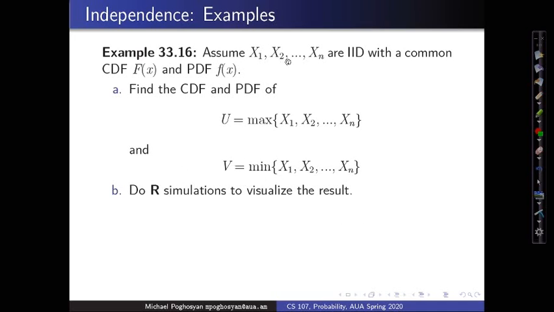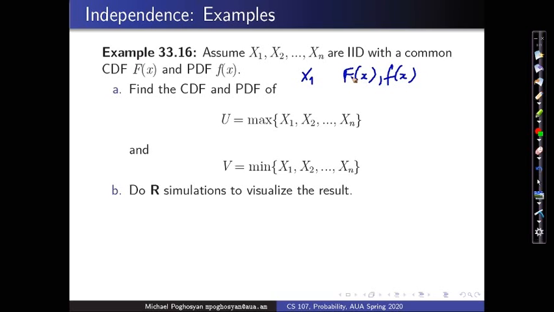So assume X1, X2, ..., Xn are IID, that is independent, identically distributed random variables, with the common CDF capital F of x and PDF small f of x. What that means is that the distribution of X1 is described by this CDF and this PDF.